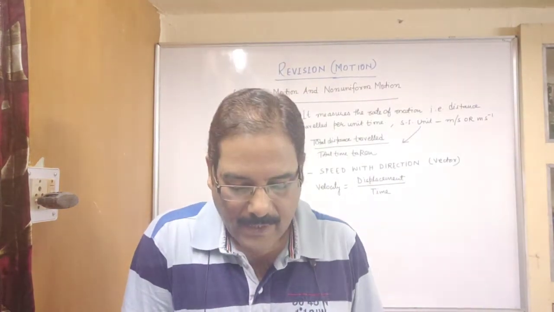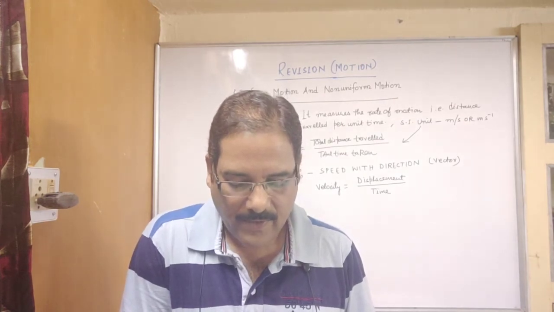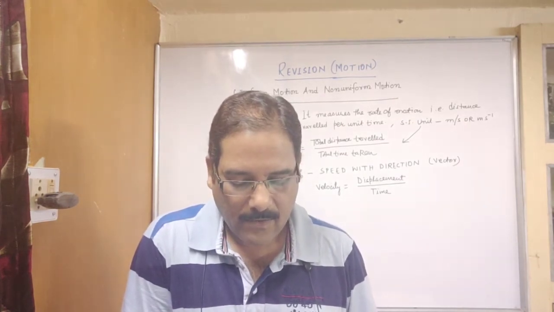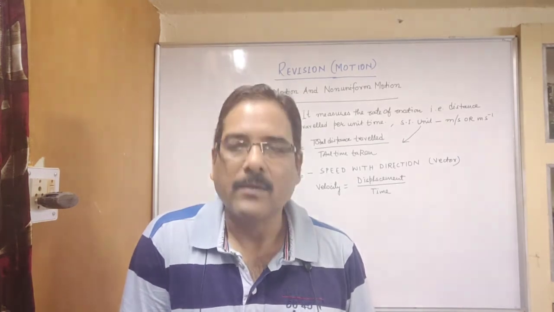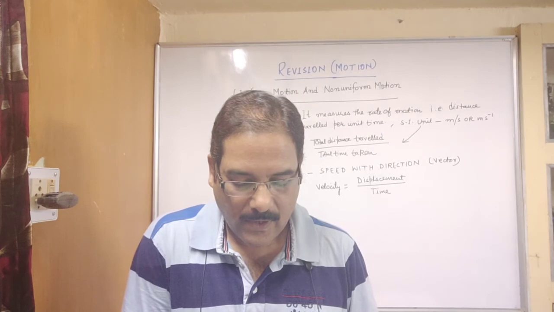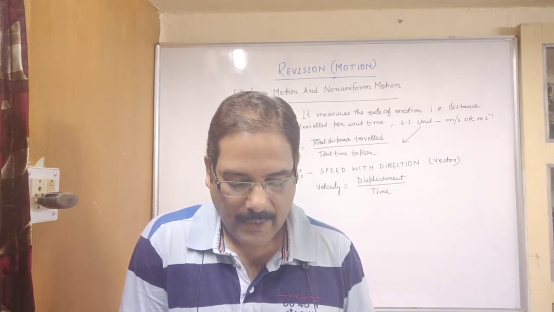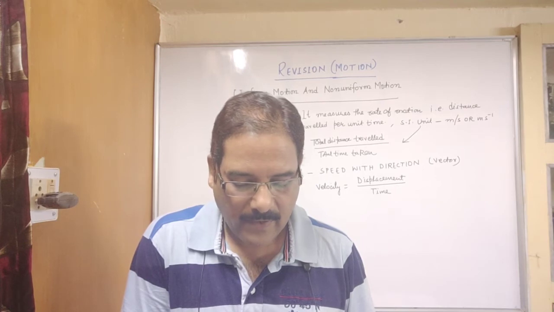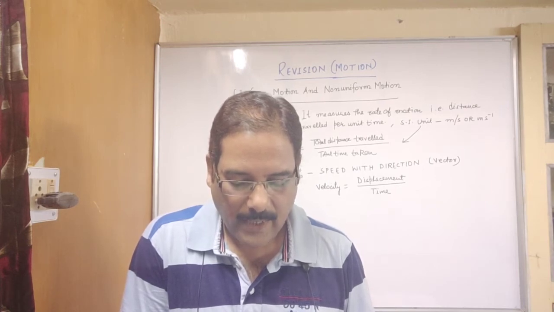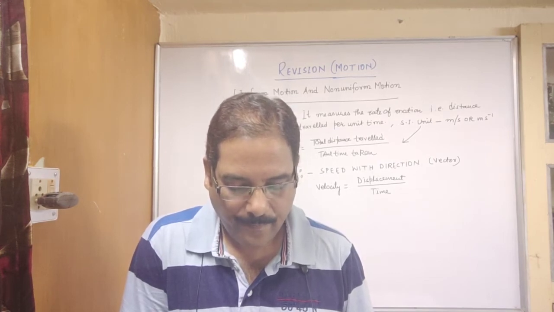We can express the magnitude of its rate of motion in terms of average velocity. It is calculated in the same way as we calculated average speed. In case the velocity of the object is changing at a uniform rate, then average velocity is given by the arithmetic mean of initial and final velocity for a given period of time.